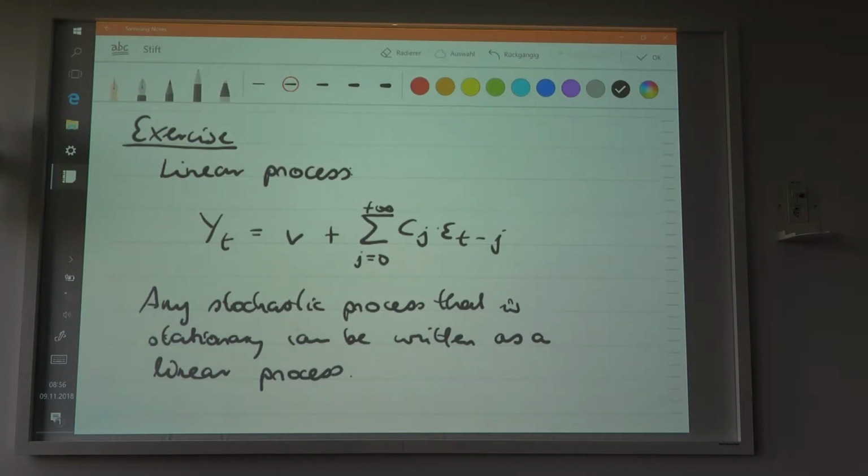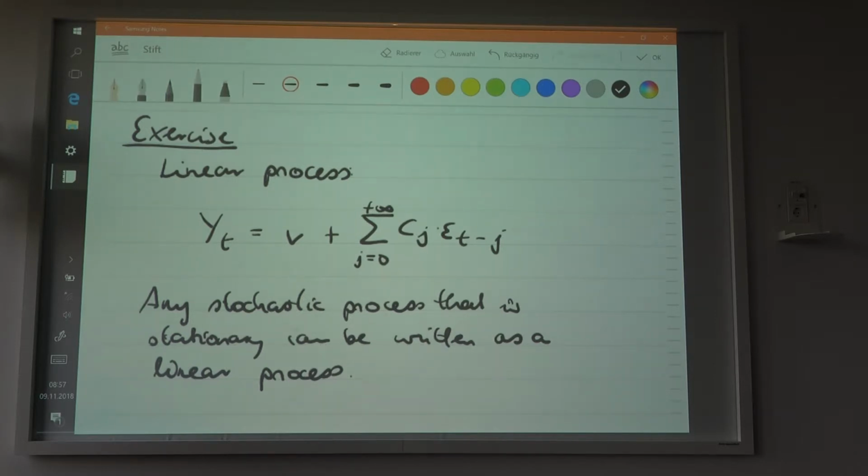Now what you should do is compute the expectation of the process, the variance and the covariance. This is something that we had done in a previous example, so I'm not going to do this here for this process, but you should try that. We did this for the autoregressive process of order p, and the only difference was that instead of c we had just alpha, and the constant was alpha divided by the lag polynomial at point 1.